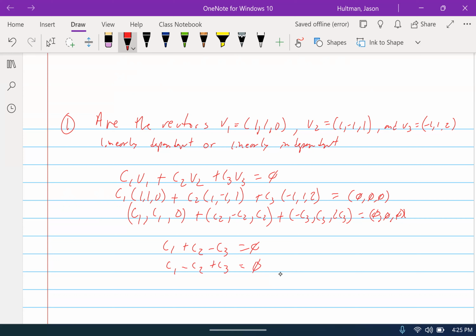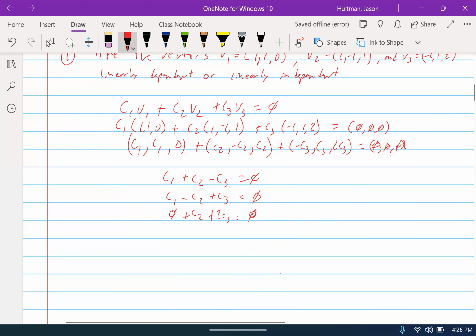And then 0 plus C2 plus 2C3 is equal to 0. So we want to write this as AC equals 0.